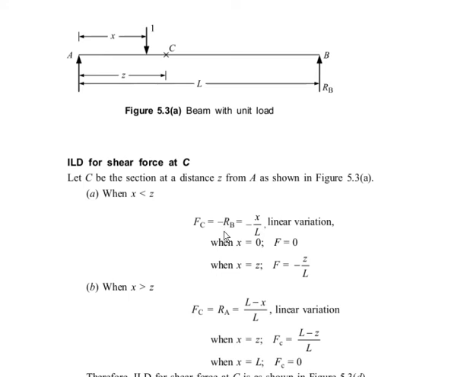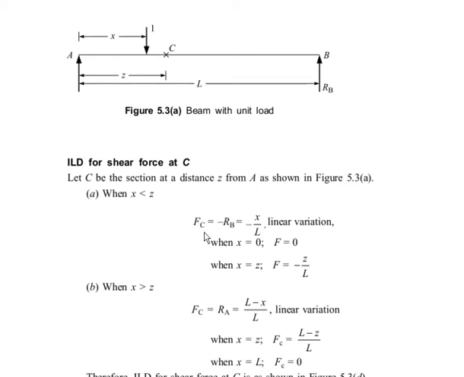In this problem they have taken minus RB. Either way you can take, both the answers are correct, but you can take only from one side.